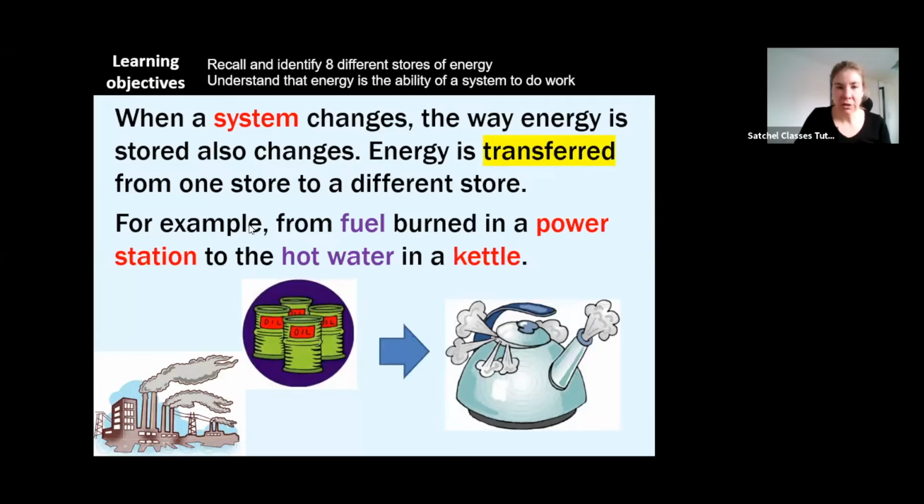So for example, say you're going from a power station over here, and we're going to boil a kettle using the energy we're using from the power station. The system of the power station might have mainly a chemical energy store because they're burning oil.